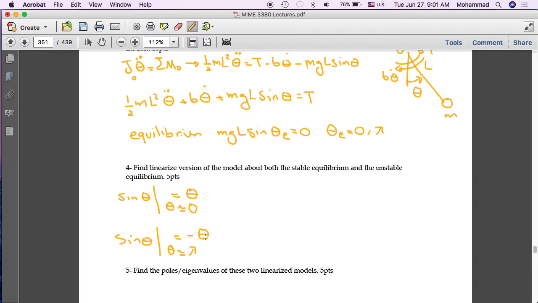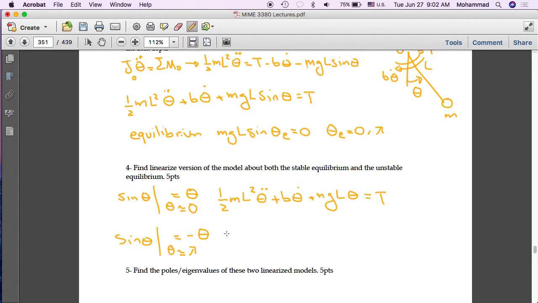In reality, it's pi minus theta. That's the equation. But you can just assume that the new theta is pi minus theta and rewrite it as minus theta. Okay, so with this approximation, the differential equation simply becomes 1/2 ml squared theta double dot plus b theta dot plus mgl theta equals t.